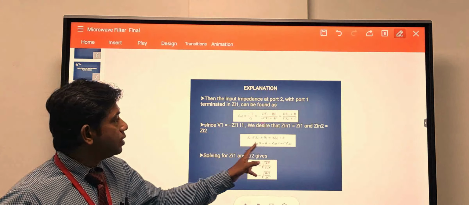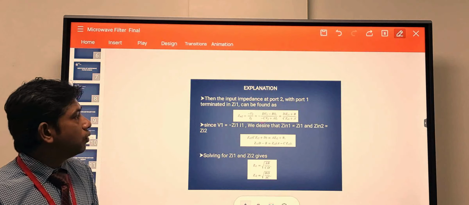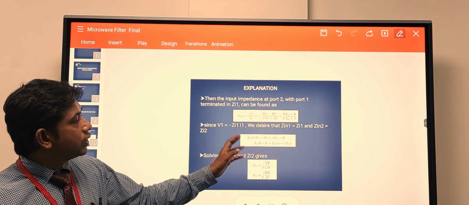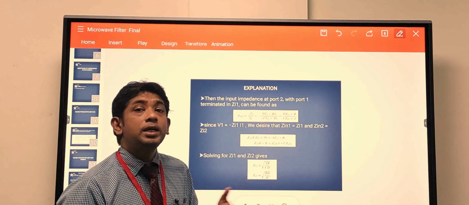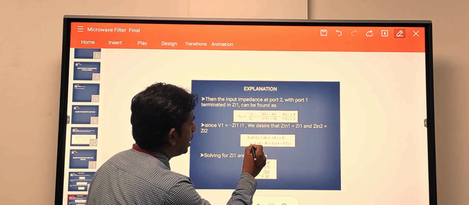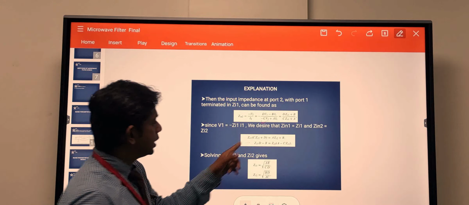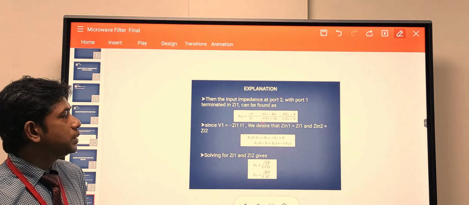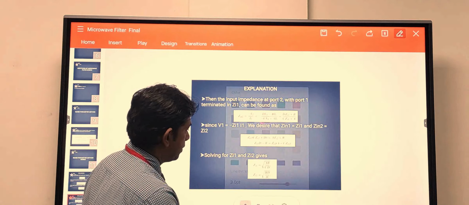While writing this, by interchanging, we can arrange the terms in such a way that they fall in place one by one. So in the next step it becomes ZI1 into D minus B is equal to ZI2 into A minus CZI.